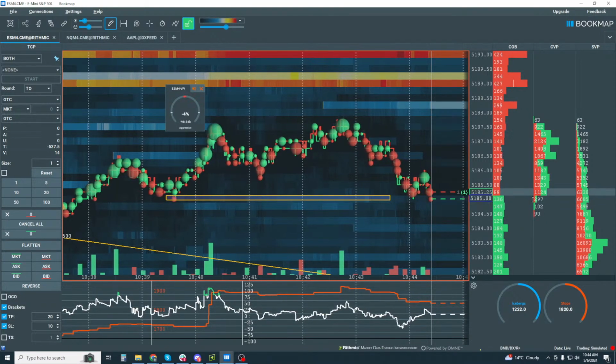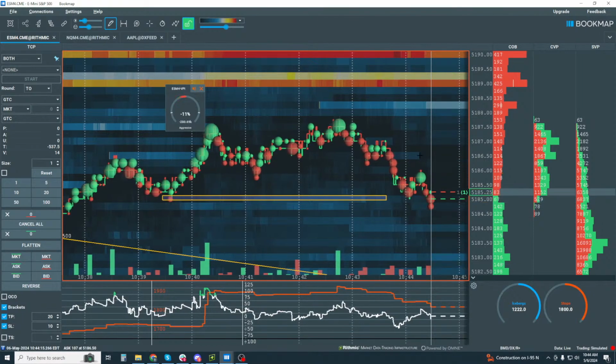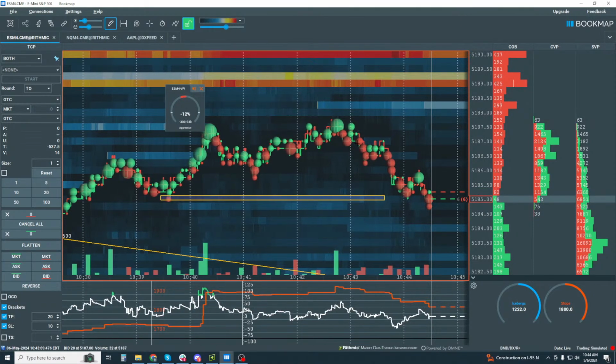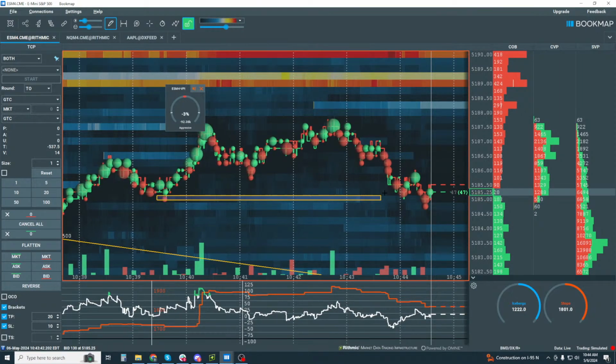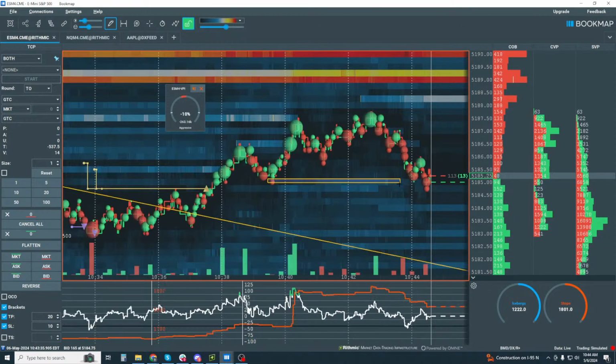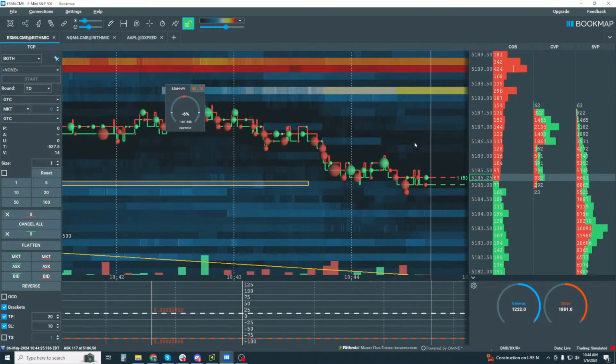So looking for a rejection here, and then a move back up now, because I was playing the move back down to here, and then we're looking for a rejection. Right now though we're looking for rejection here and a move back into this range.